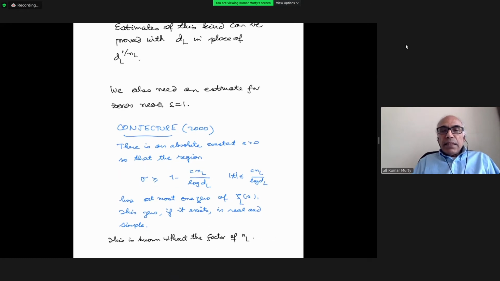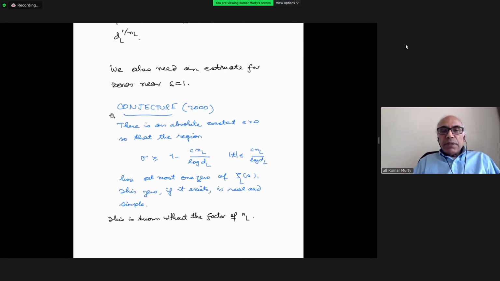The other ingredient that we might need to prove these things, just assuming Artin's conjecture, is a statement about zeros near s equals 1, namely that there's an absolute constant c, so that in this region of width and height c times degree over log discriminant, there's at most one zero, and that zero, if it exists, should be real and simple.